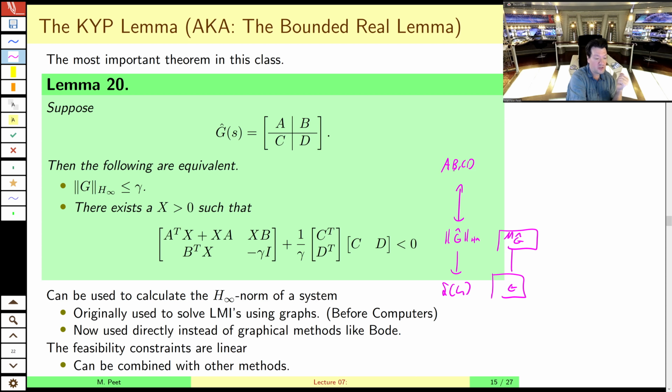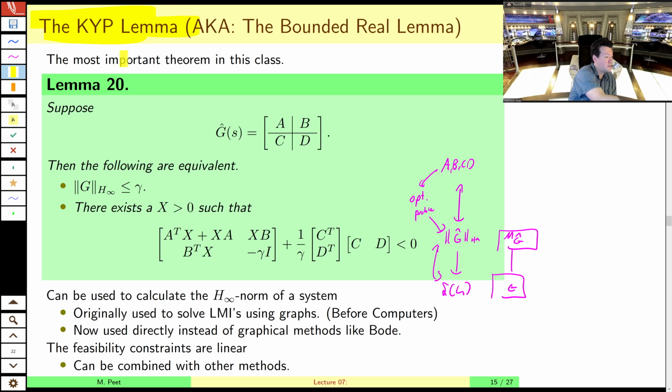Remember, they're not unique. We could choose a different A, B, C, D with a similarity transformation, but that doesn't change anything. We do this through an optimization problem. There's an optimization problem whose data is the A, B, C, D matrices, and which tells us something specifically about that transfer function norm, which of course tells us something about the system norm itself. And that result, a very important result, perhaps the most important result, which allows us to do optimal control, is the KYP lemma.